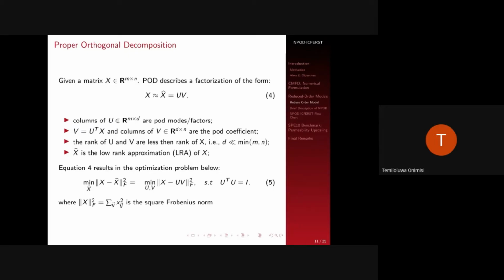So solving equation 5, you're able to generate your U and V, which you use to produce your low rank approximations. Next slide, please.